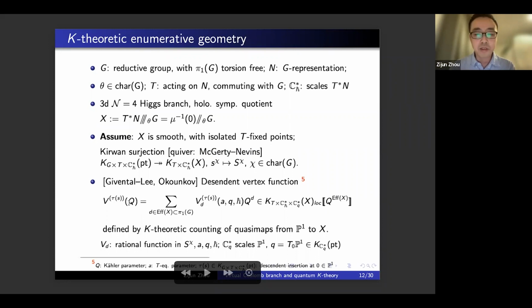So this is a power series in a scalar parameter Q, where the coefficients are some rational functions in the equivariant parameters. This capital Q is what we call the Kähler parameter.